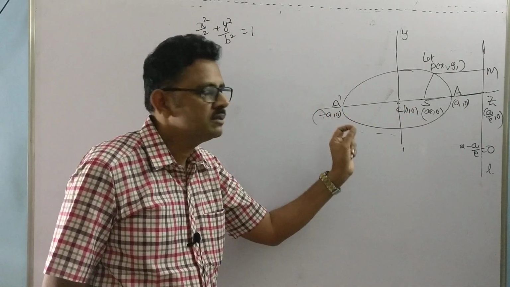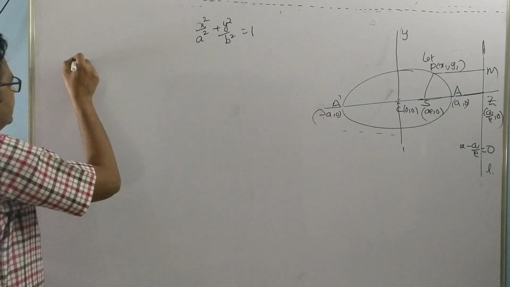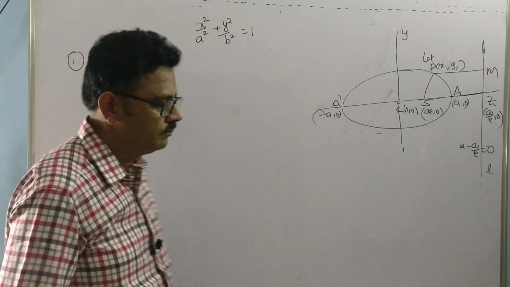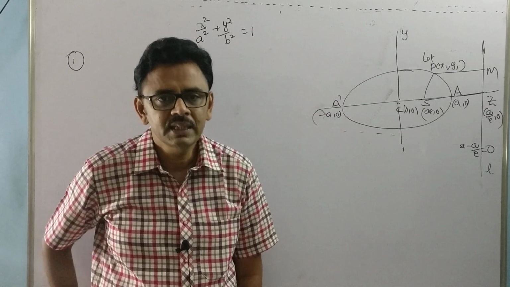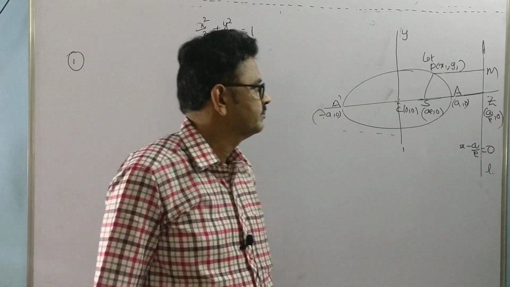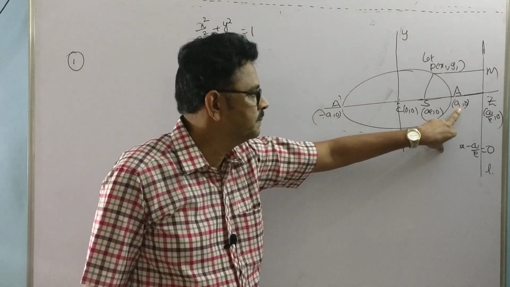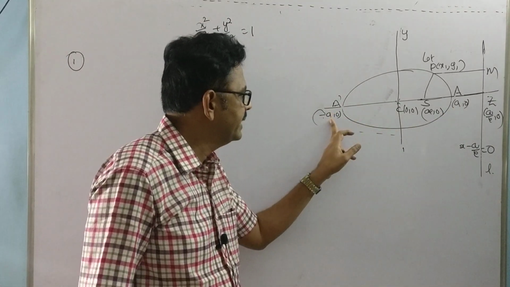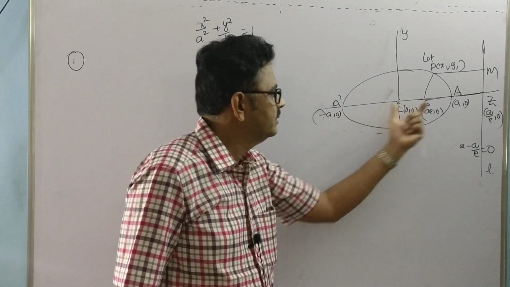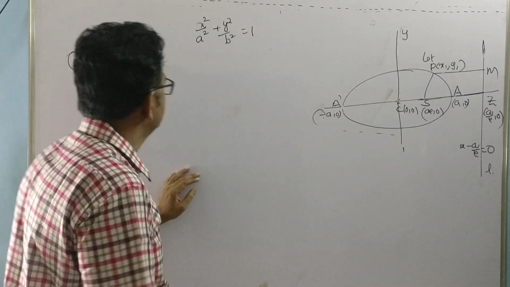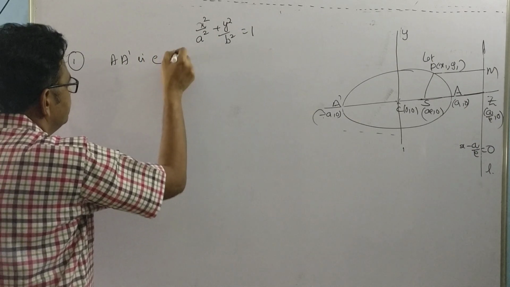A A dash is called major axis. Write down, note first point: the ellipse cuts x-axis at a comma 0, a dash minus a comma 0. A A dash is called major axis.